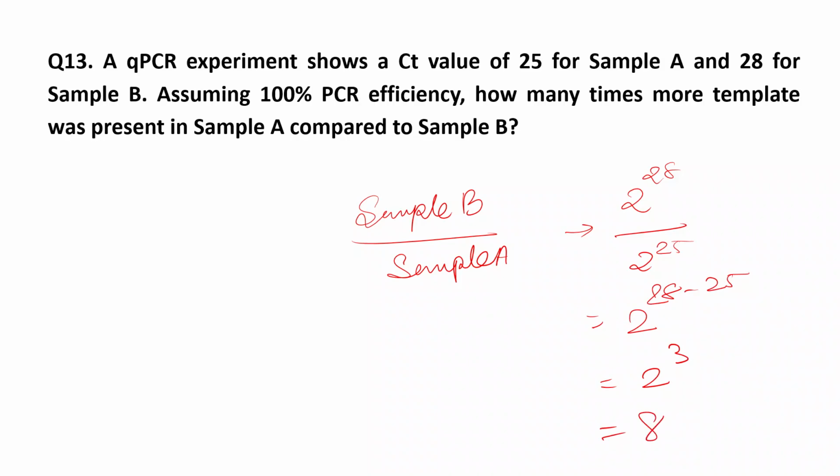So it is 8 times. So 8 times more template was present in sample A than sample B. Is it okay?